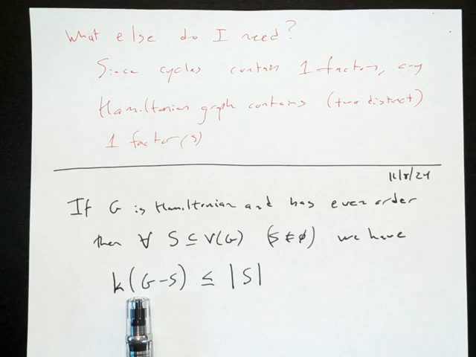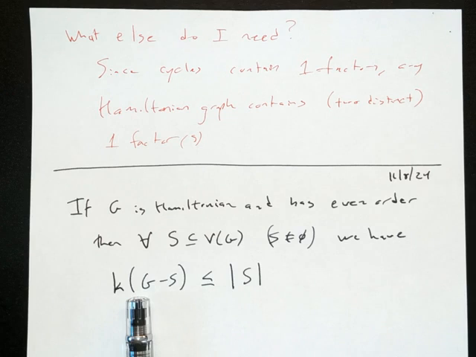That's a regular lowercase k, not the fancy k. I will end up with fewer components than the number of things I took away. Makes sense. If it's Hamiltonian, then I can get from any vertex to any other.